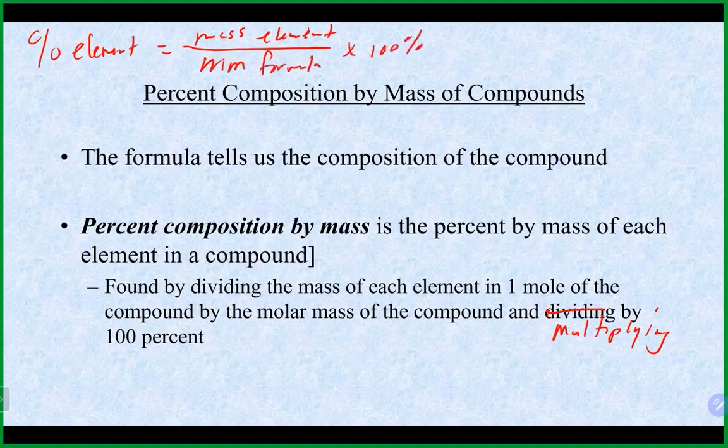So we could calculate the percent composition of each element in a compound by using the molar mass and taking the mass of each of the elements that are there.